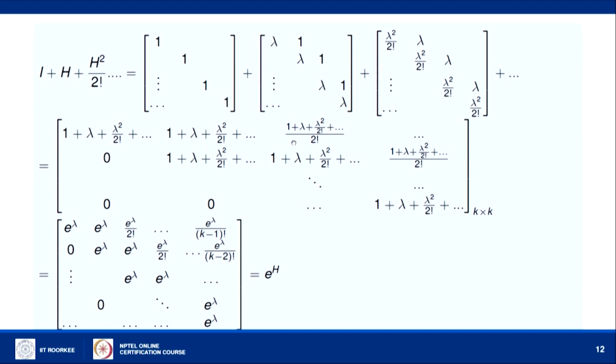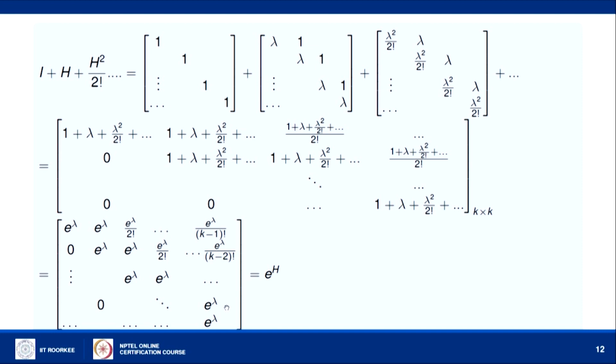So, if I add all these, the final e raised to power H comes out to be e raised to power lambda, e raised to power lambda, e raised to power lambda upon factorial 2, and it will go up to e raised to power lambda upon factorial k minus 1. The second row will be 0, e raised to power lambda, e raised to power lambda, and it will go up to e raised to power lambda upon factorial k minus 2 and so on.